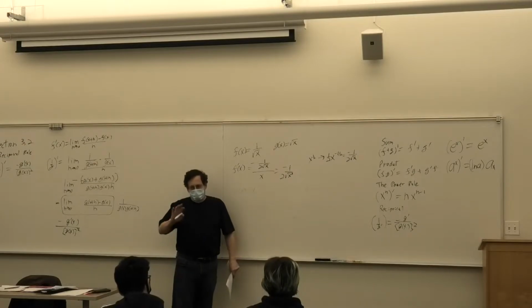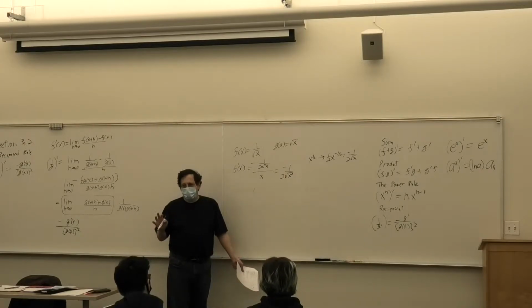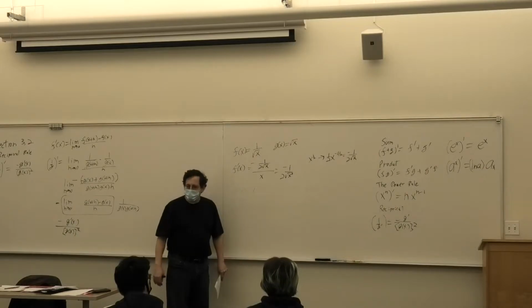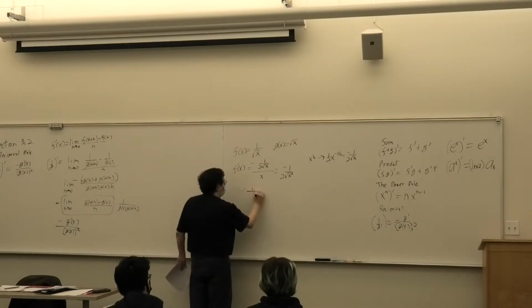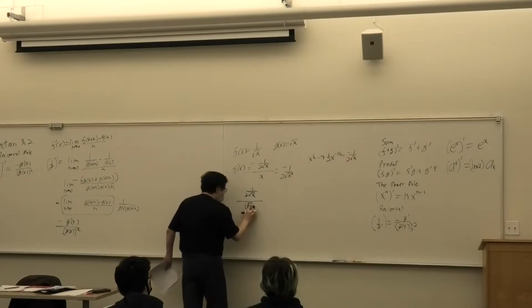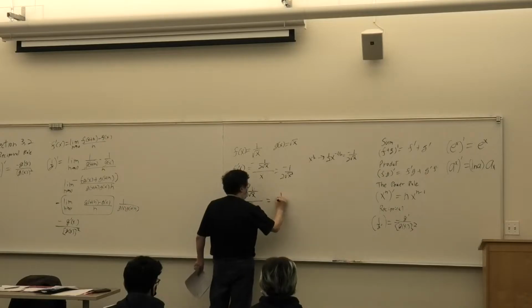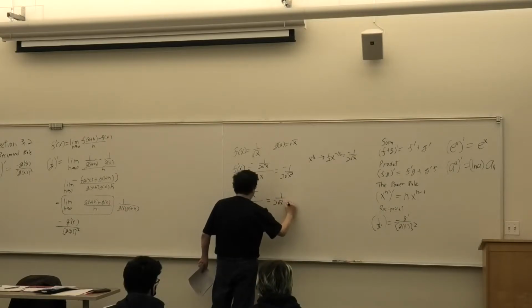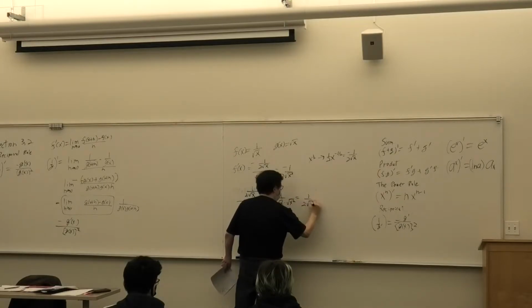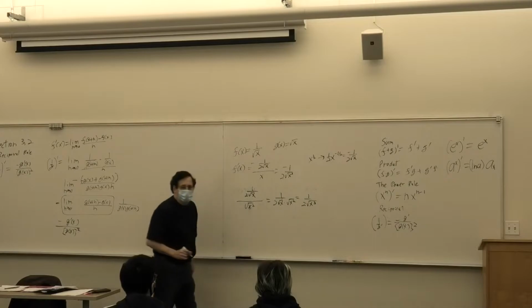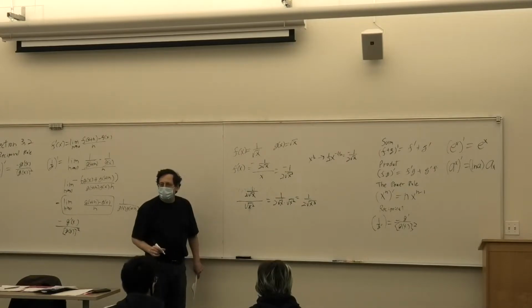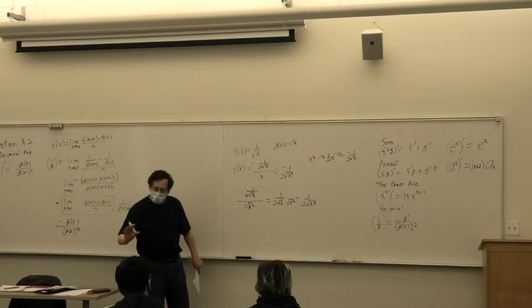Well, the too short answer is exponents. But let me give you two ways to do this. One way is 1 over 2 square root of x over square root of x squared. So this is 1 over 2 square root of x times square root of x squared, which is 1 over 2 square root of x cubed. That's one way to do it. If you didn't like that, that's okay.